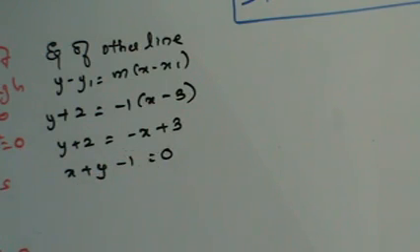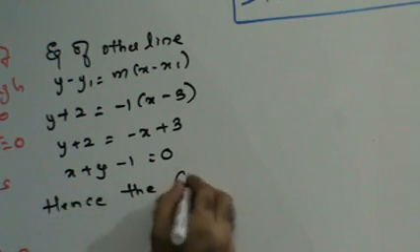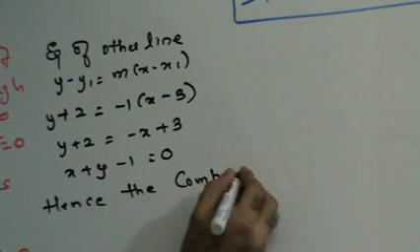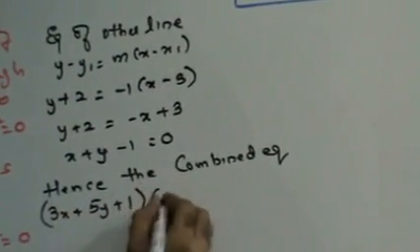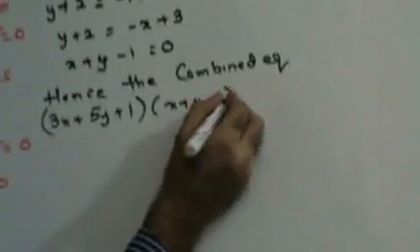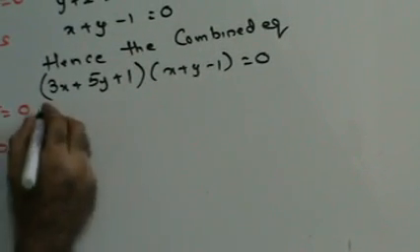So the equation of the other line is x plus y minus 1 is 0. Hence the combined equation will be (3x plus 5y plus 1) into (x plus y minus 1) is 0. That will be the combined equation of pair of lines passing through the point 3 comma minus 2.